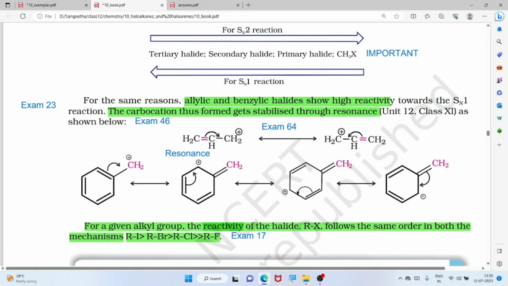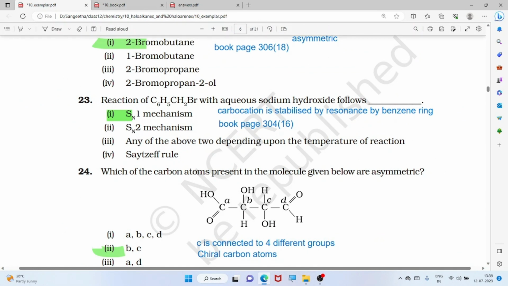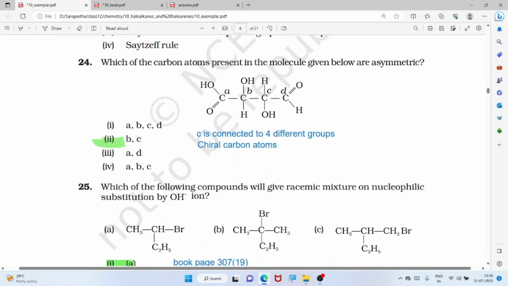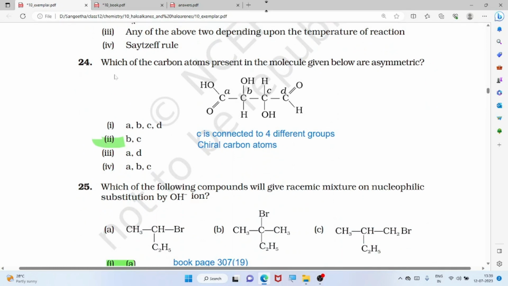The carbocation formed is stabilized through resonance when I have the benzene ring. Which of the carbon atoms present in this molecule given below are asymmetric?